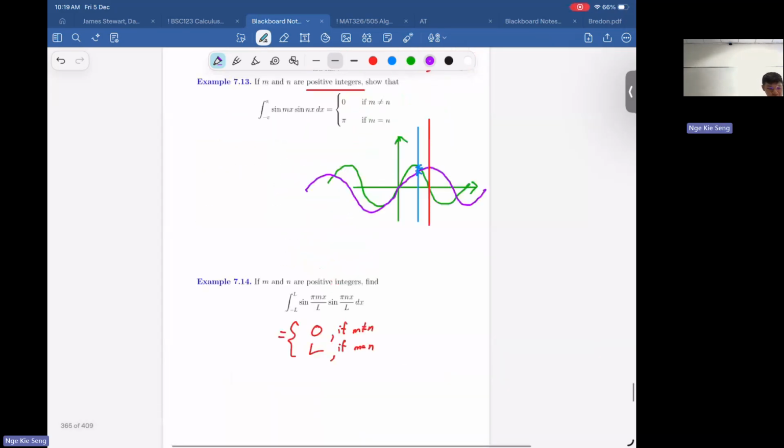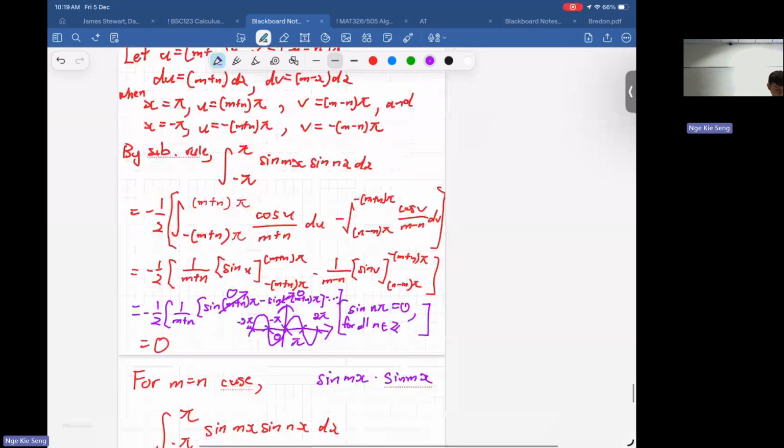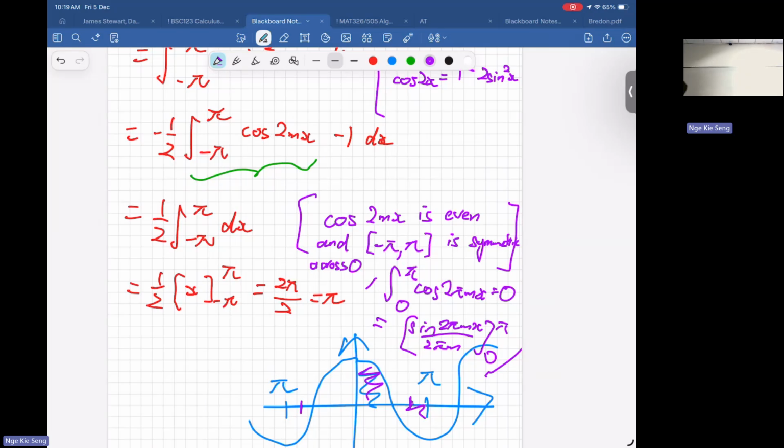All right. So just now Li Wen pointed out a very good point here. This cancellation is not because it is even. It's because after you split into the even part, a single part from 0 to pi is 0, because the area above the graph and below the graph cancel. Or you do the calculation: you get sine 2 pi x over 2 pi x, evaluated from 0 to pi.